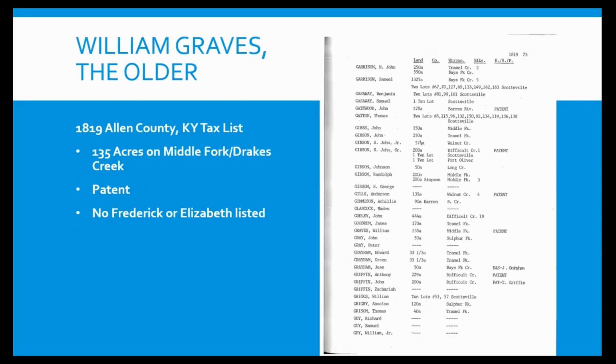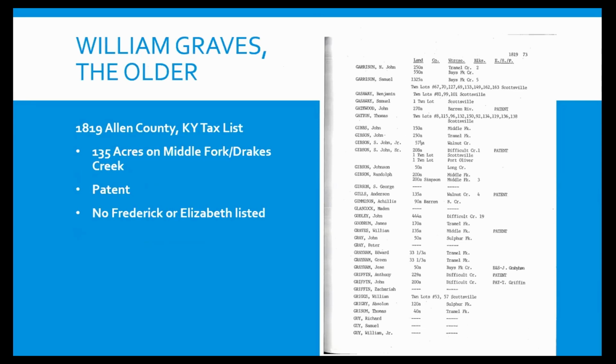In 1819, we can see there's an appearance of William Graves, and I'm going to call him the older. So he's a different William Graves than my fourth great grandfather that I was looking into. This is a different guy, so we're calling him William the Older. And you can see that on this tax list, Elizabeth is not mentioned. Frederick is not mentioned.